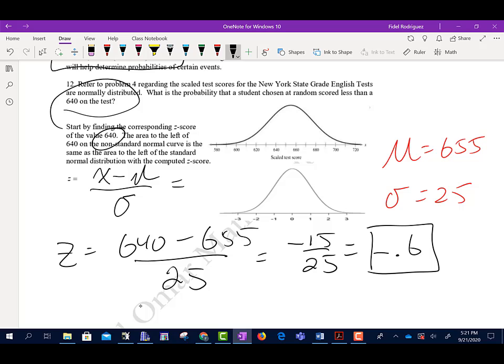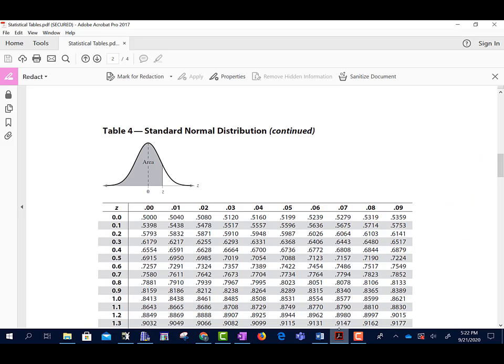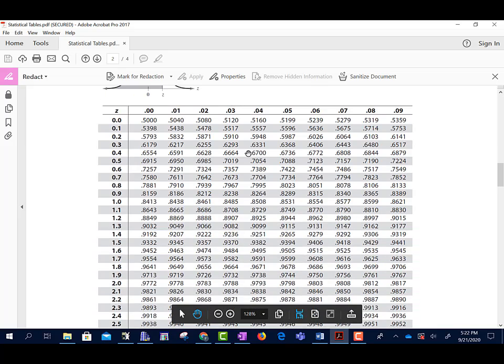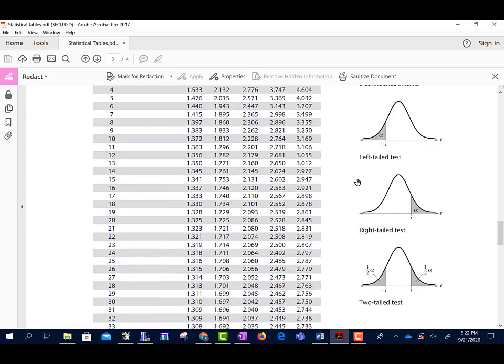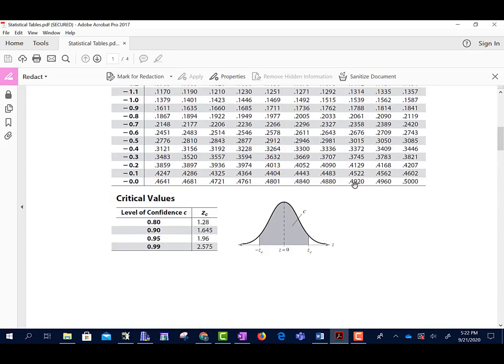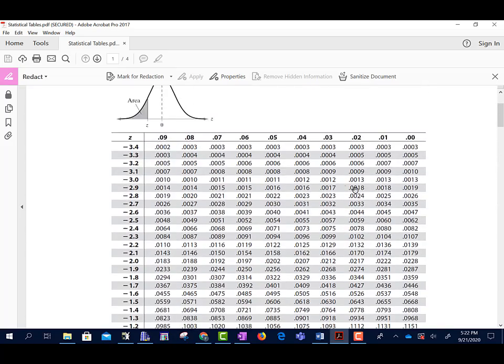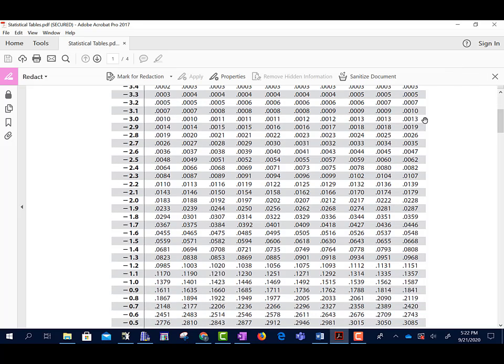Okay. So now we're looking for the probability that a student scored less than 640. So all I'm going to do is go to my chart and look for the area to the left of negative 0.6, right? So these are the positive values. Let me scroll to the negative ones. Sorry about that. Here we go. Negative 0.6, look, the 0.00 column is on the right.